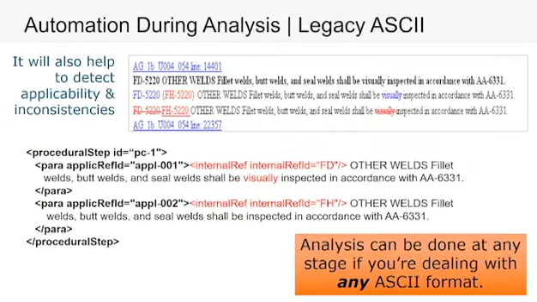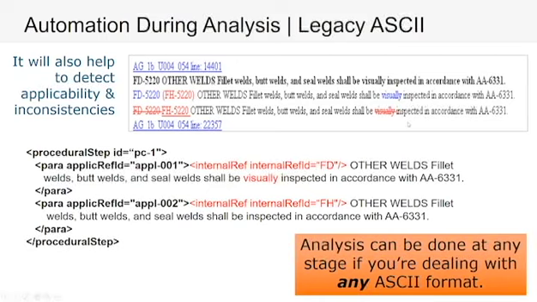So by having a content reuse analysis, you have a preliminary method to detect applicability and inconsistency. On the top over here, the first paragraph discusses FD-5200, and the second paragraph covers FH-5200. In this case, you can still use the paragraph, but maybe use applicability to distinguish between the 2 models.